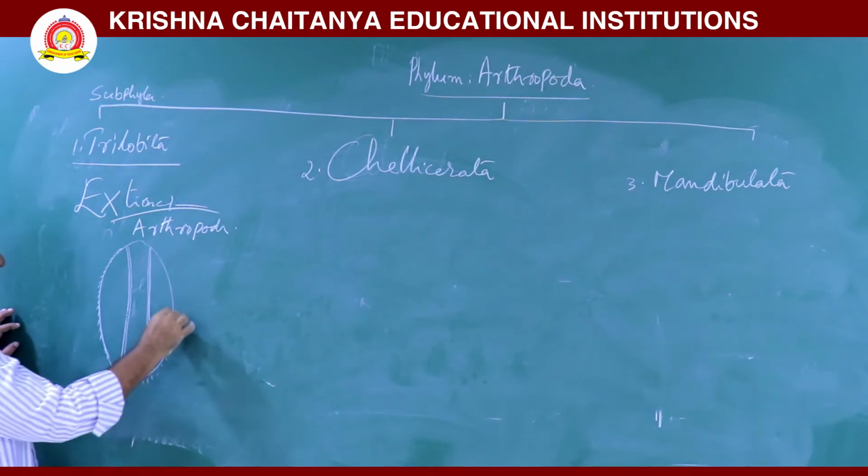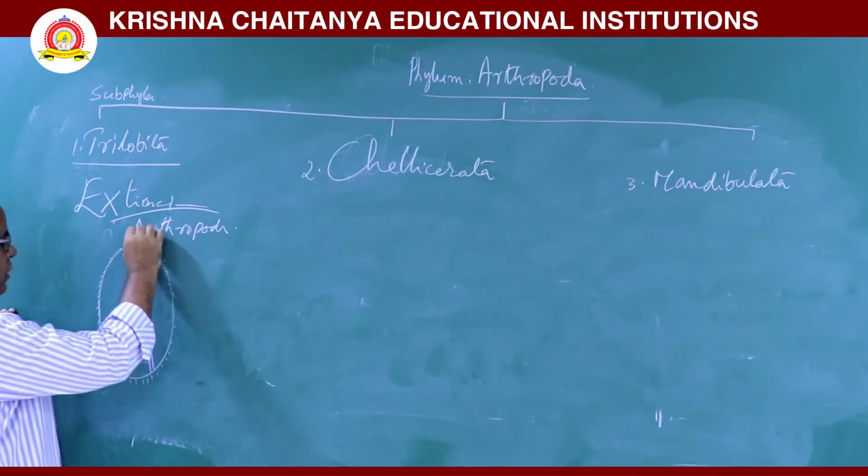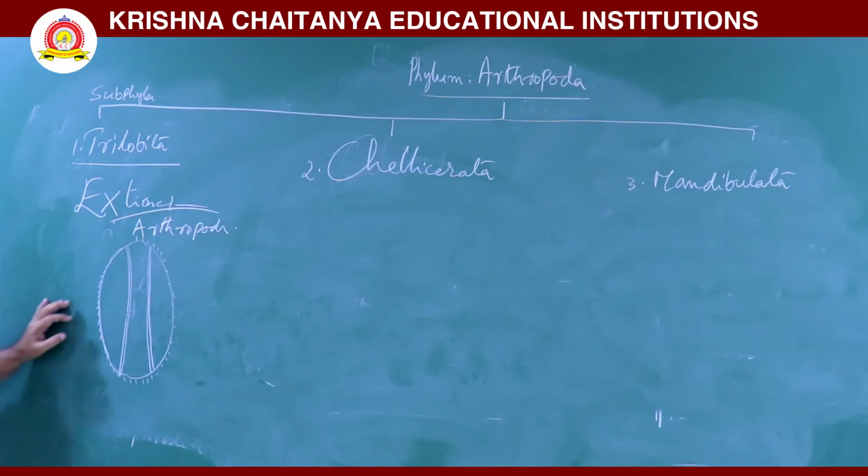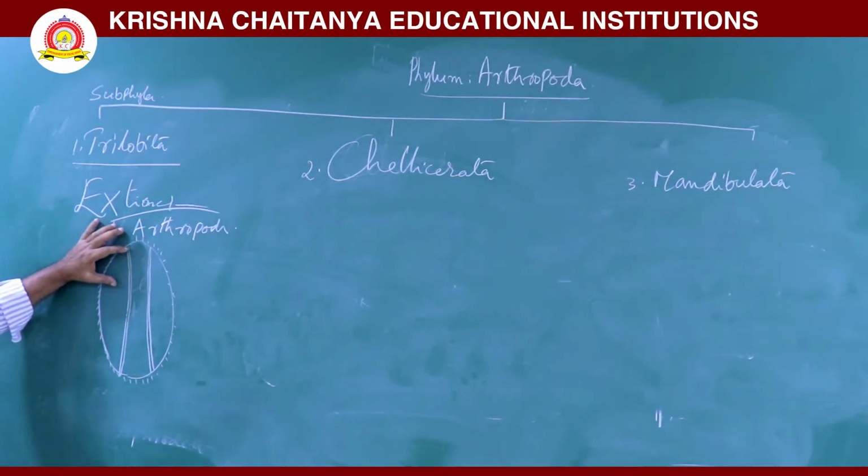One is a median lobe, and two are lateral lobes, formed by two prominent longitudinal furrows.